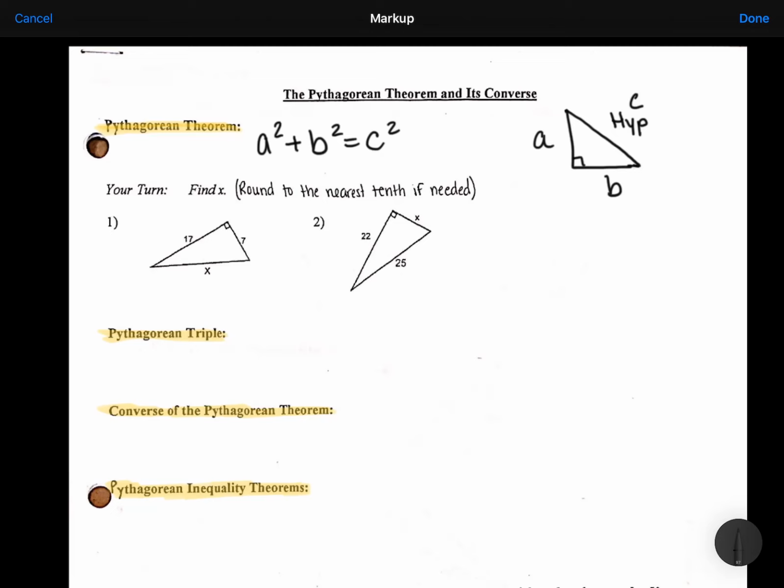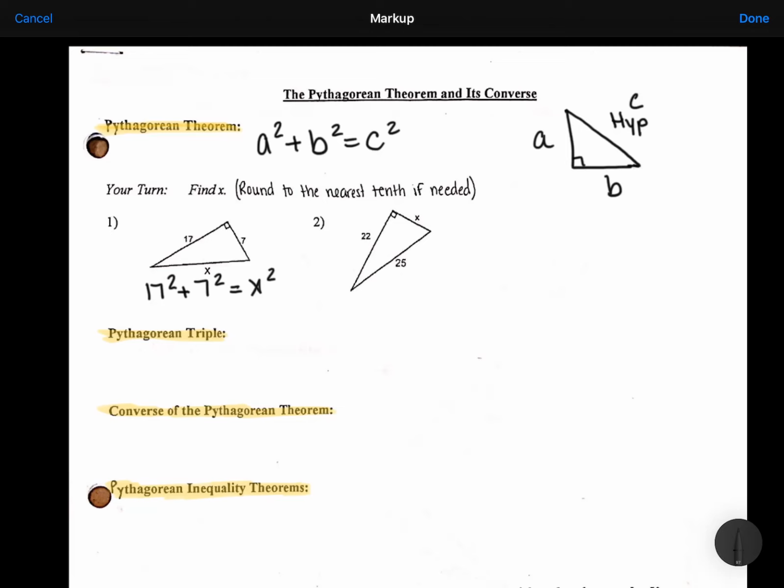Number 1, I have two legs that I'm given, 17 and 7, and we're missing the hypotenuse. So the hypotenuse is what we've got to solve for. I'm going to say A squared plus B squared equals C squared, so leg squared plus leg squared equals hypotenuse squared.